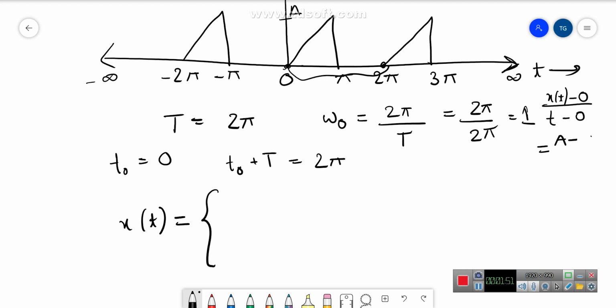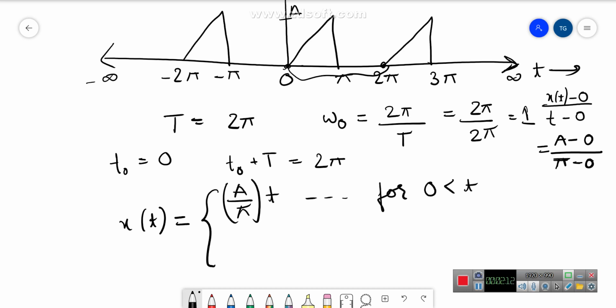Y2 is A, y1 is 0, x2 is pi and x1 is 0. So x of t is equal to A by pi into t for 0 less than t less than or equal to pi, and it is 0 for pi less than or equal to t less than or equal to 2 pi.